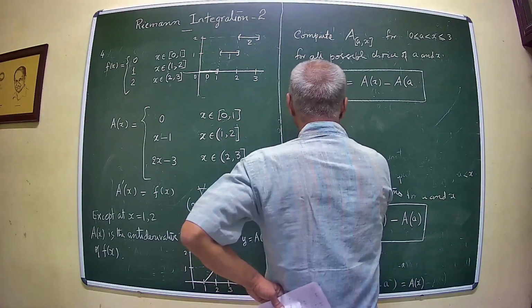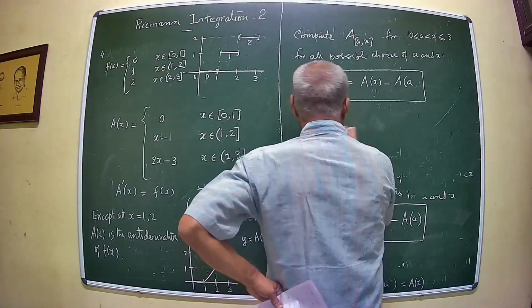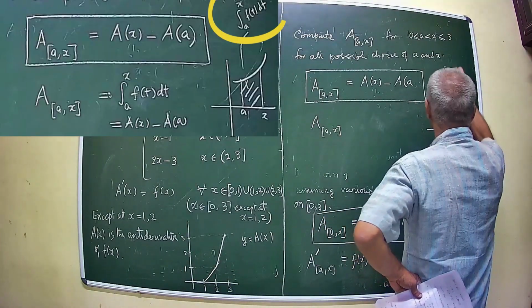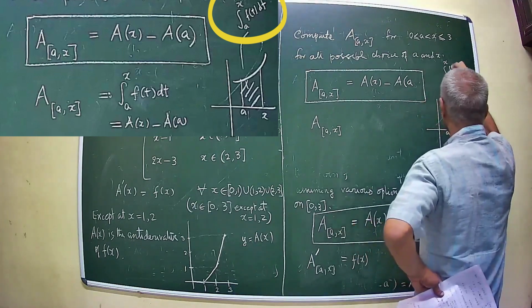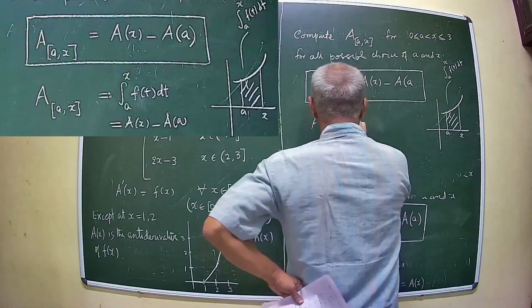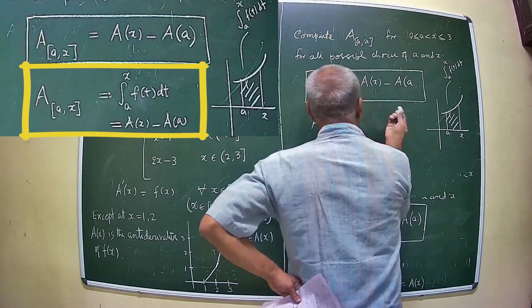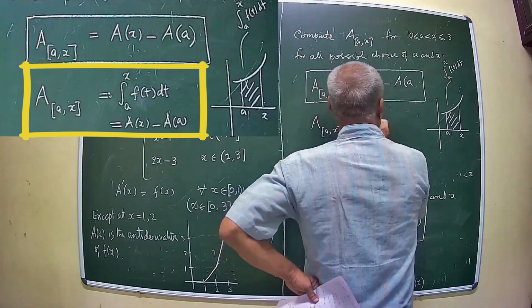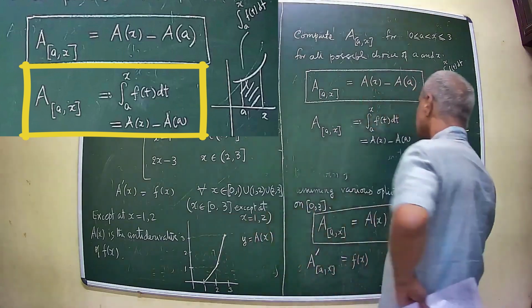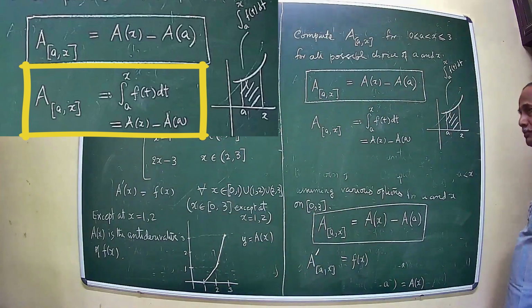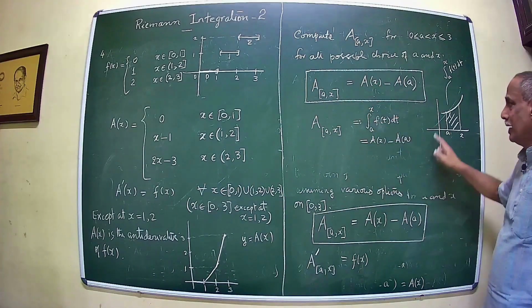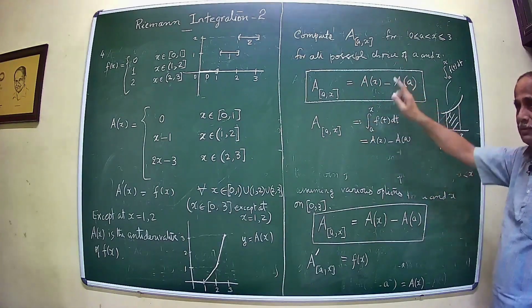A(x) is essentially the area between a and x, which we usually denote by the integral from a to x of f(t) dt. We have not proved it or anything, but we can at the moment symbolically write this. So this is the general formula that evolves.